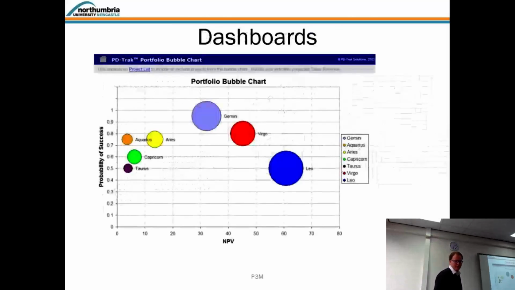Those are the most famous ones. This one is the profitability of success versus net present value. And here the idea is the bubbles show you how much they have actually invested in this. This is actually a brand portfolio bubble chart, but this is how you could do it.